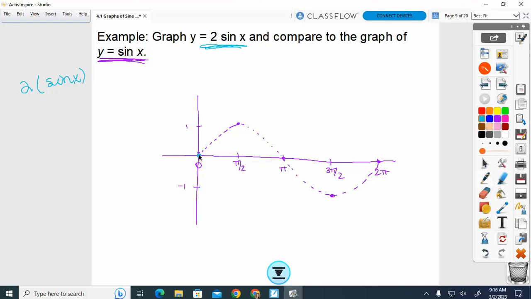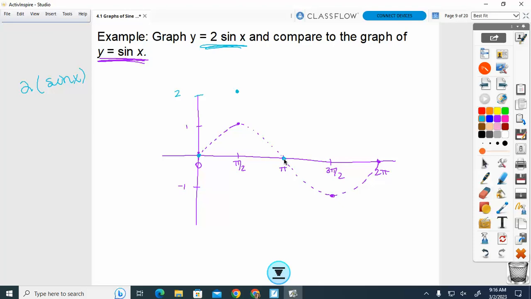Okay, pi over 2. The sine of pi over 2, or the sine of 90 degrees, is 1, times 2 gives us 2. So at pi over 2, we get 2. The sine of pi is 0, times 2 is still 0.